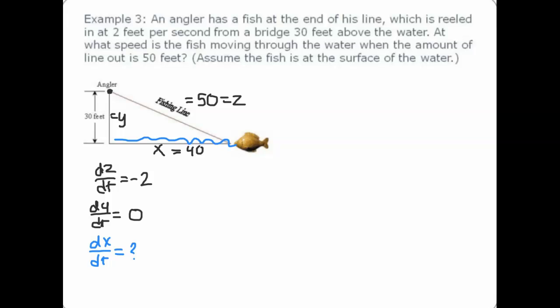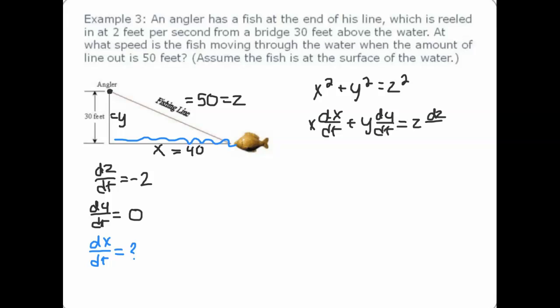So we have a nice right triangle. If we have a right triangle, we're using the Pythagorean theorem, which means we'd need the derivative of the Pythagorean theorem. And then we're looking for dx/dt.